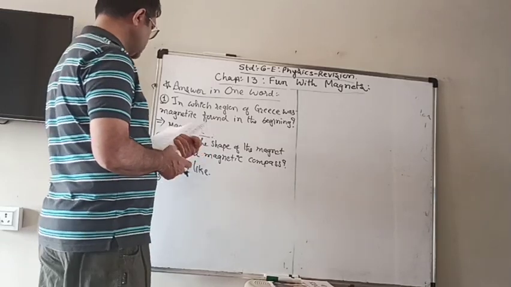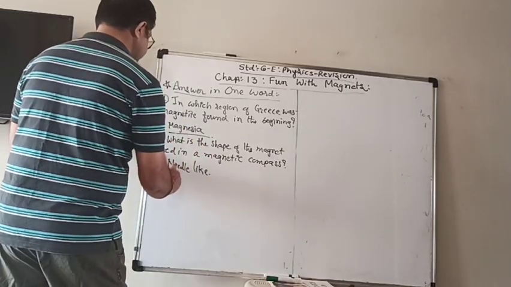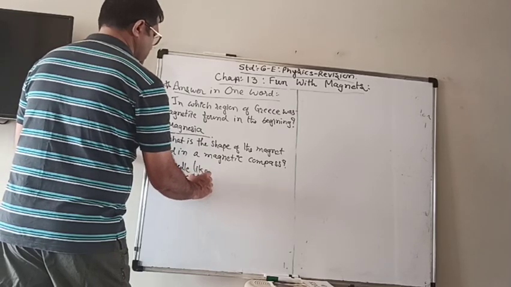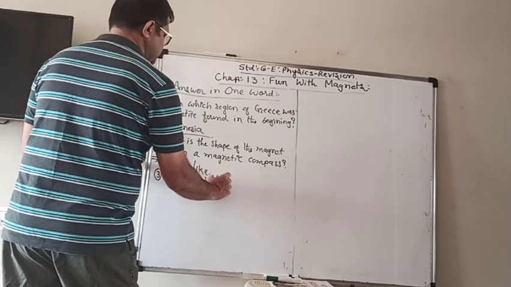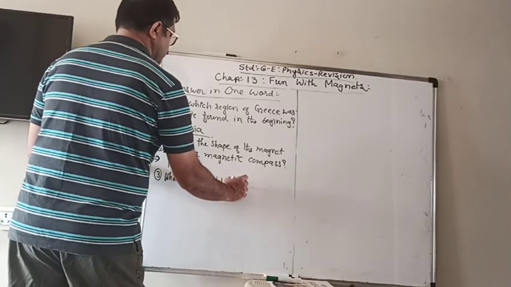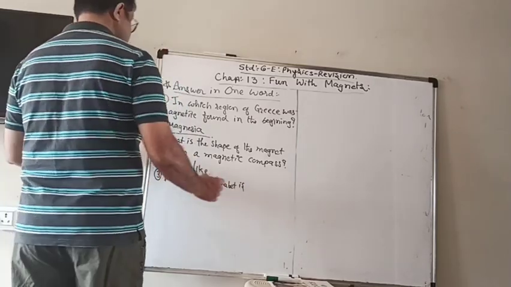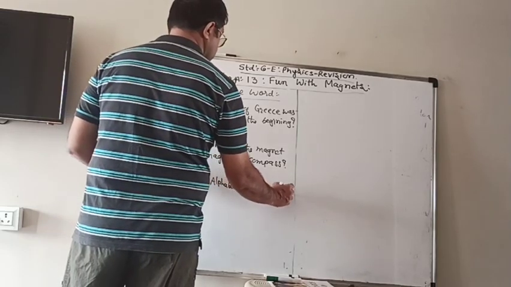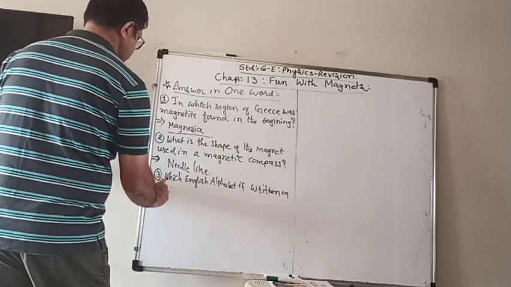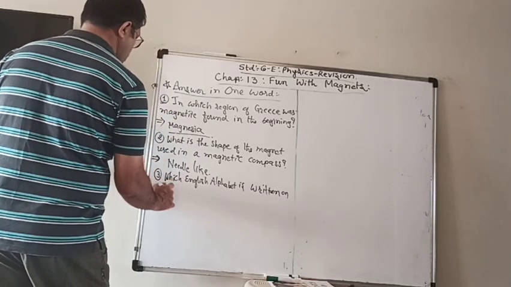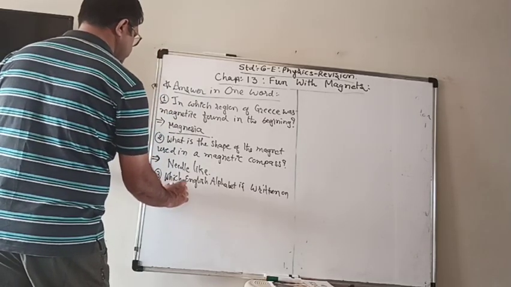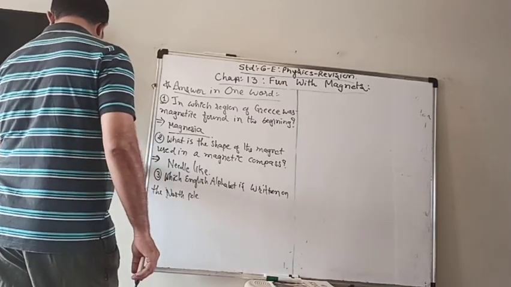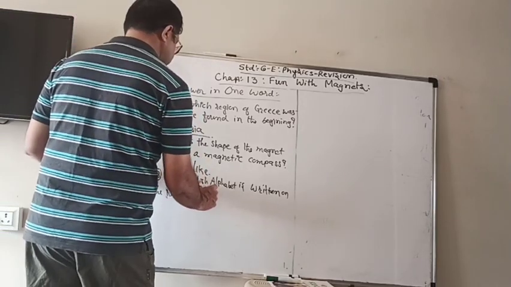Third one. Which English alphabet is written on the north pole of a bar magnet?